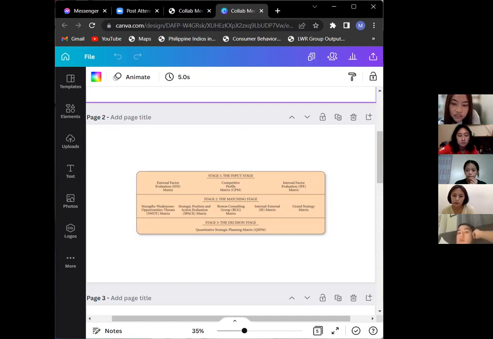The 5 techniques include the SWOT matrix, the SPACE matrix, the BCG matrix, the IE matrix, and the grand strategy matrix. These tools rely on information derived from the input stage to match external opportunities and threats with internal strengths and weaknesses. So matching external and internal key factors is essential for effectively generating feasible alternative strategies.